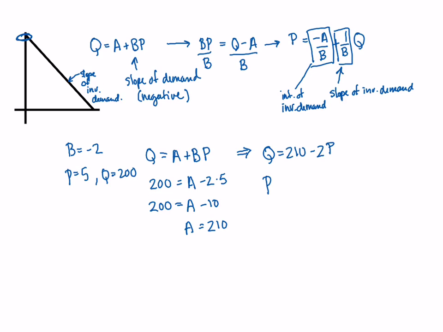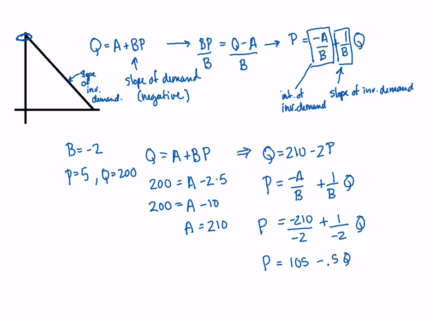For the inverse demand curve, we get price is equal to negative A over B plus 1 over B times Q. So negative A is 210, B is negative 2, plus 1 over negative 2 times Q. And we can simplify that. We get 105 minus 0.5 Q. So we know that our intercept is equal to 105, and the slope of the inverse demand curve is equal to negative 0.5.